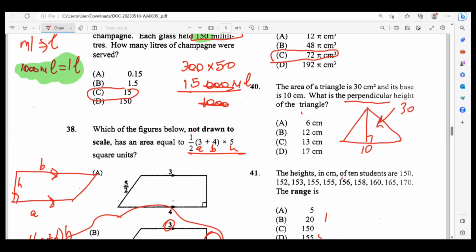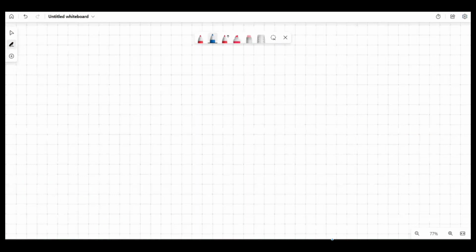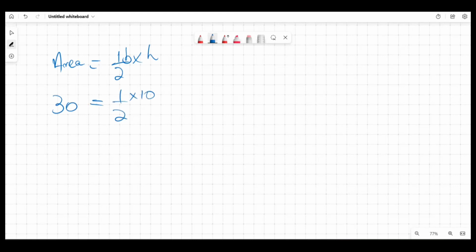Remember the formula, set the formula up. We're talking about area is equal to half base times height. So my area is 30, half, my base is 10, and my height is what they're asking me for. So you could break this down. I could say 2 into 2, 1, 2 into 10, 5.